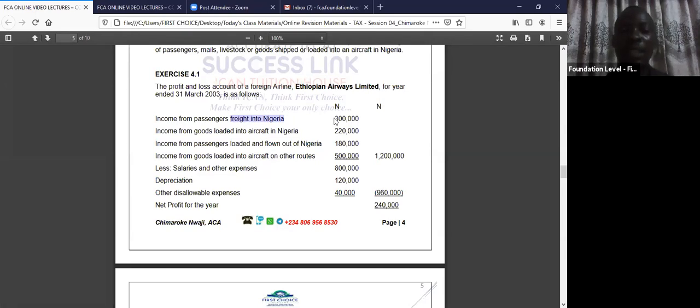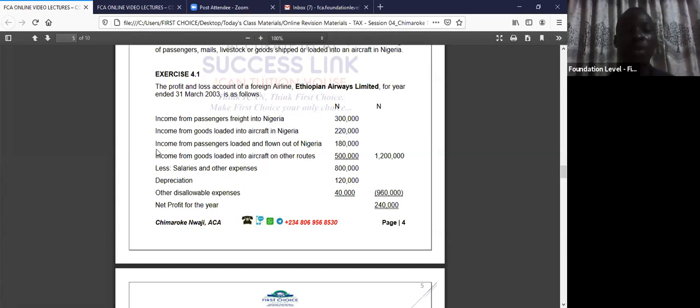And that makes this 300,000 a non-Nigerian income because it does not originate in Nigeria. Income from goods loaded into aircraft in Nigeria. So it means the aircraft loaded these goods in Nigeria. So that makes 220 to originate from Nigeria.